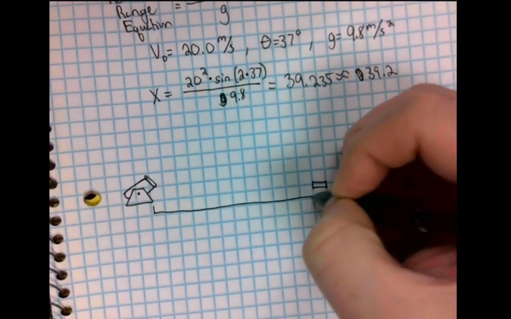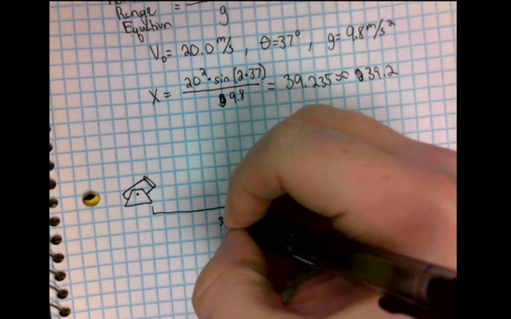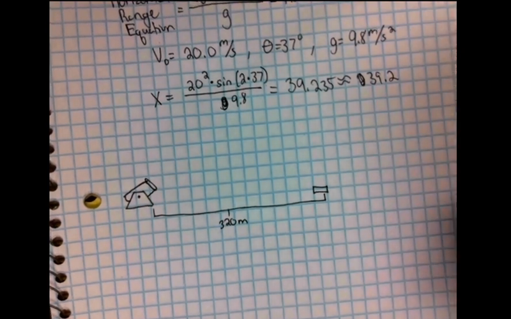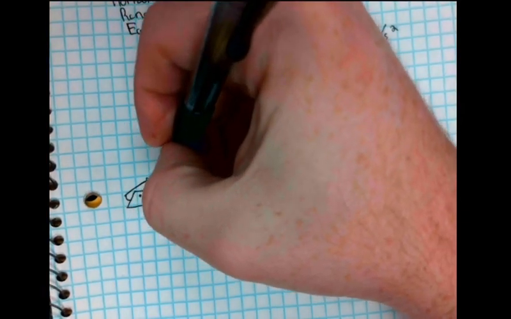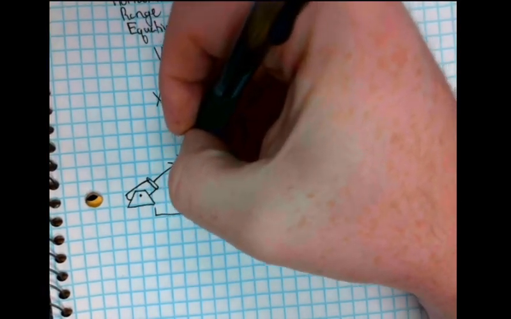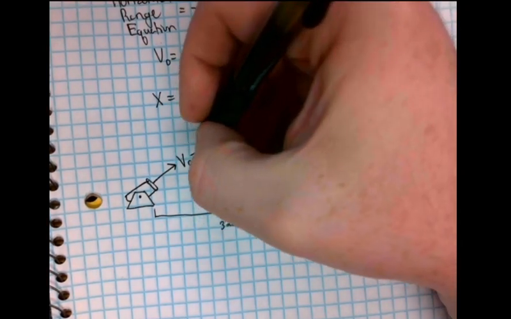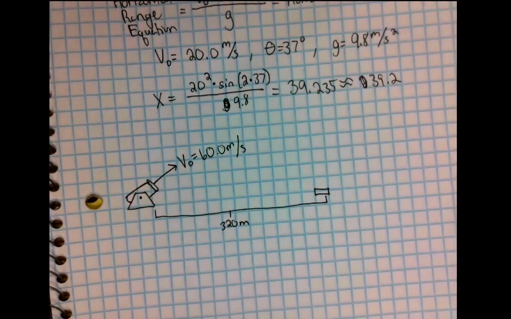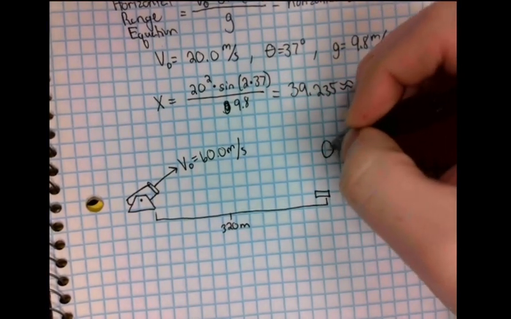So our distance to our target is 320 meters. The cannon has a speed of 60 meters a second. What angle should you aim the cannon at?